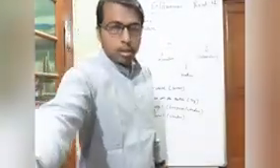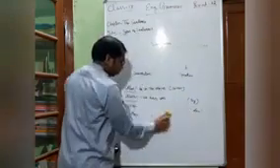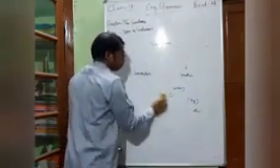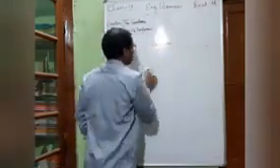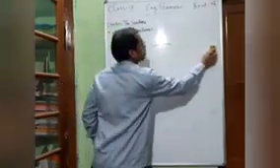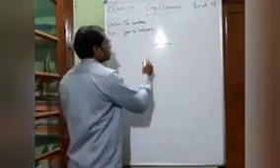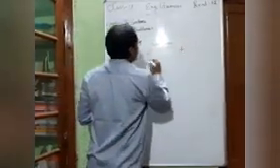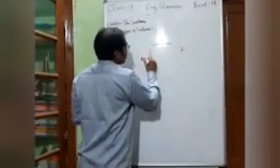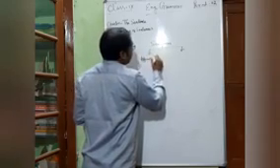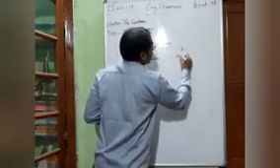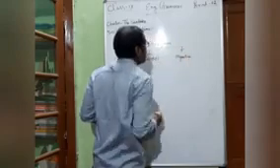Apart from this, there are 2 more types of sentences. They are affirmative and negative.